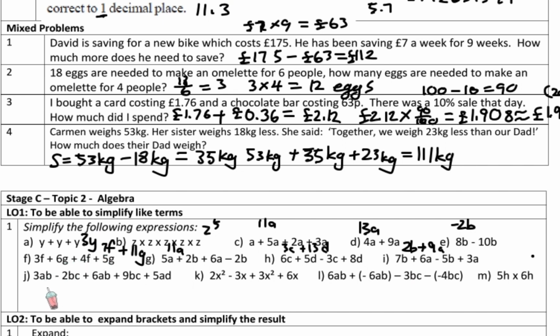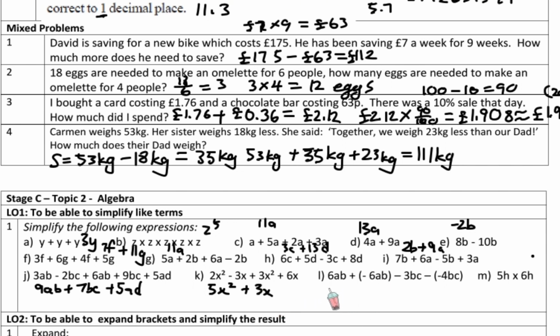For j, it would be 9ab plus 7bc plus 5ad. For k, it would be 5x squared plus 3x.